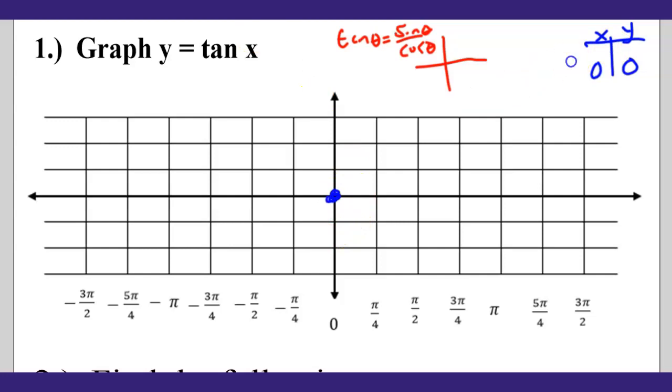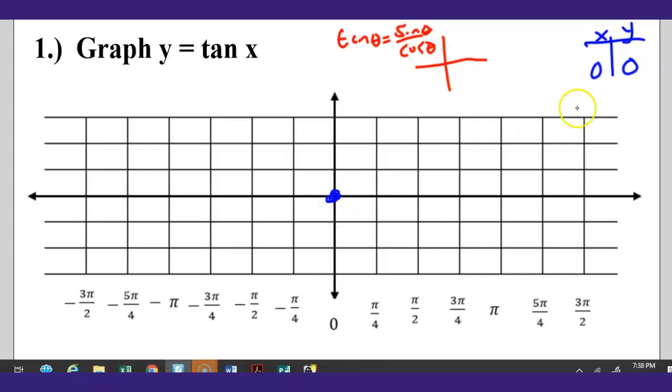And then if I kept working and I had this angle right here of 45 degrees, remember that point was radical 2 over 2, radical 2 over 2. Well, if I found tangent, sine over cosine of radical 2 over radical 2, that would be 1.